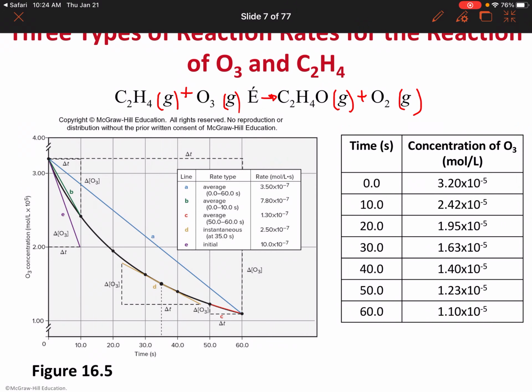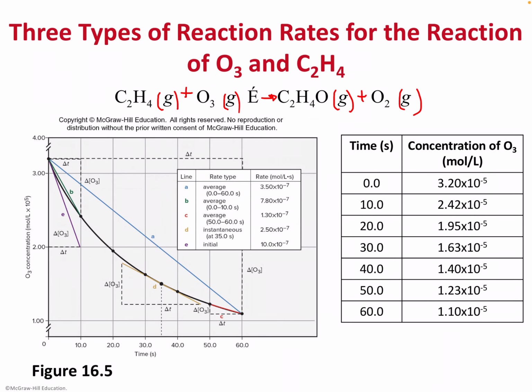So A, B, C, it tells us about the rate type as average. So where is A? A is here. You see here, from time 0 to time 60. Rate type, it's an average from 0 to 60. So line A represents the rate as average. The rate is given as 3.5 times 10 to the negative 7, that is the average rate. Or we can find out the average rate from 0 time to 10 seconds.